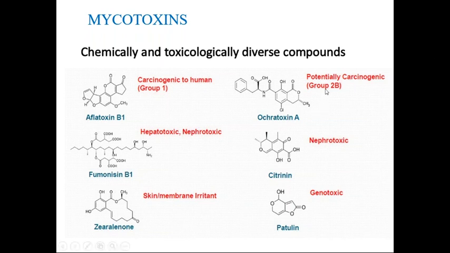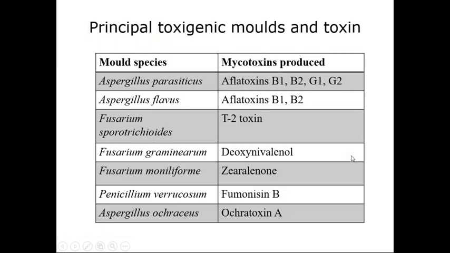The ochratoxin is a potential carcinogen, which is under group 2B. Fumonisin is toxic to the liver and the kidney. Zearalenone is a skin and membrane irritant. Patulin, which is found in apple juice mainly, is genotoxic, and citrinin is nephrotoxic.